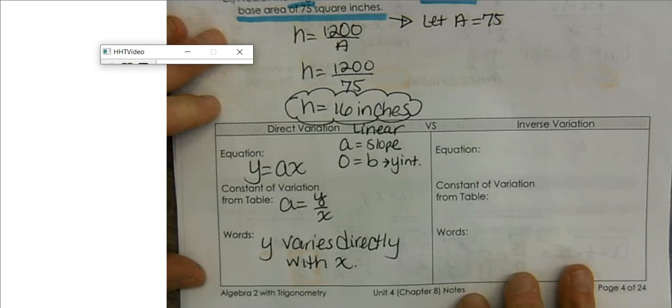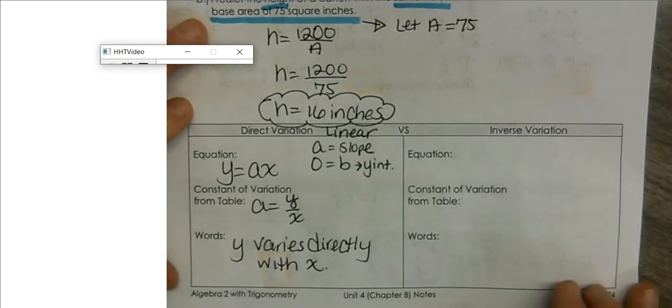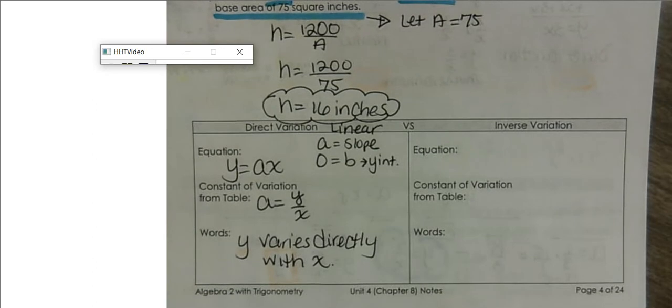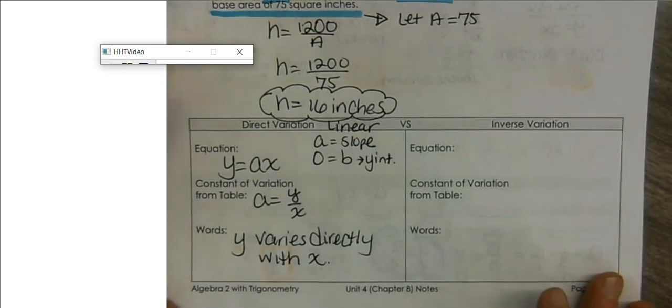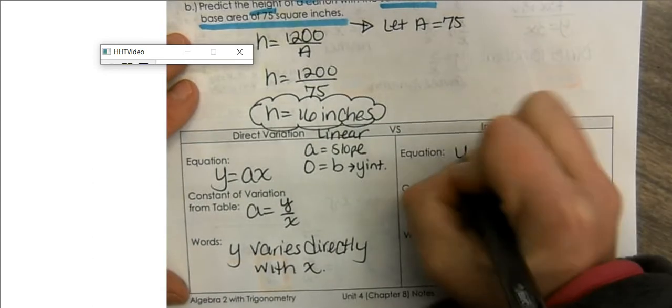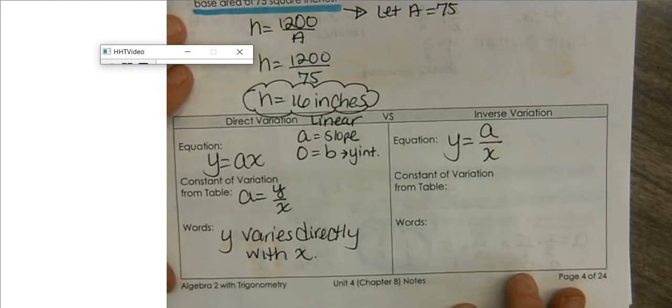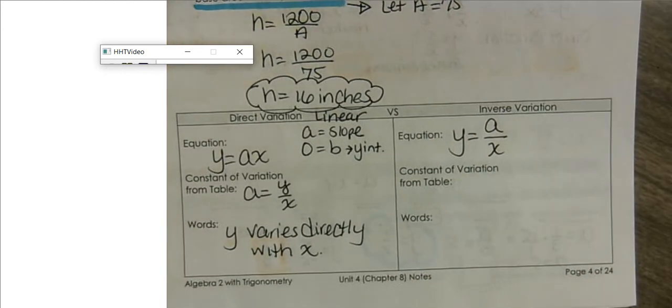Inverse variation is not linear. Instead, it's going to have two asymptotes with two branches, hyperbolas that are going to be on each side, and we're going to explore that in a future lesson. But our equation is going to be y is equal to A divided by x. And in ordered pairs, we're not dealing with slope.